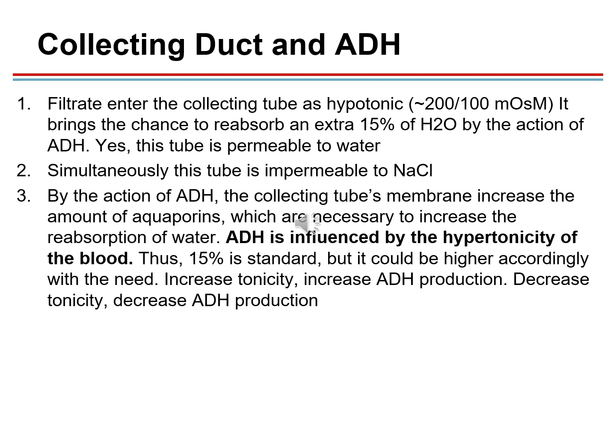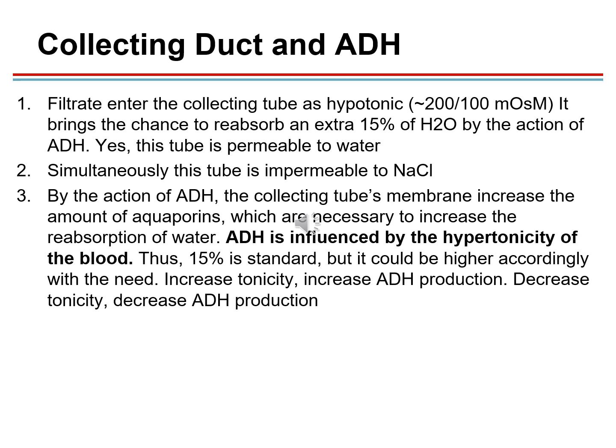What is the action of the ADH? It is increasing the aquaporins in the collecting duct of the nephrons, and in this way we can reabsorb an extra 15% of water.